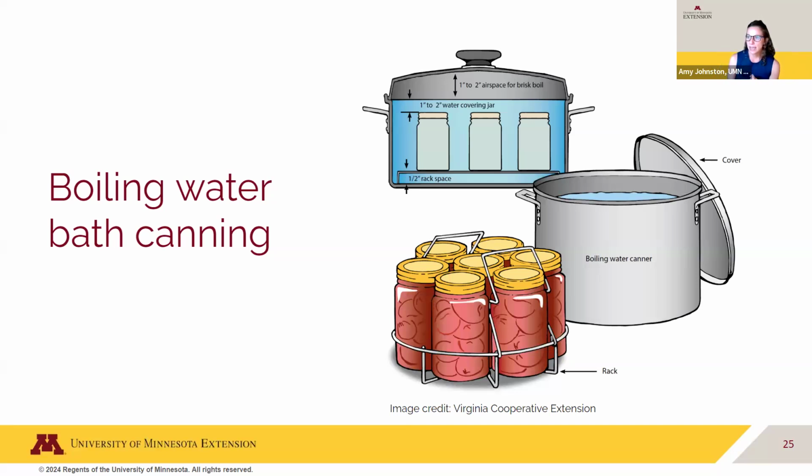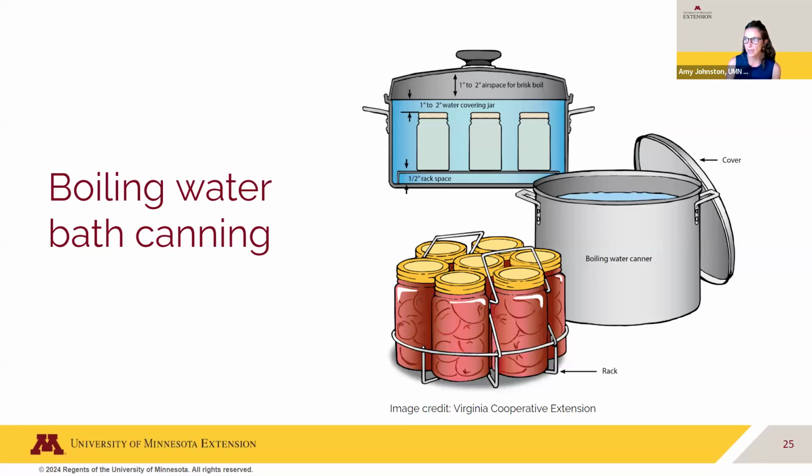The pot or the canner needs to be deep enough that there's enough water covering the tops of the jars. So you'll need 1 to 2 inches of water to cover the top of the jar. And again, we need that equal heat circulation of that water to get that good vacuum and to heat the foods properly.